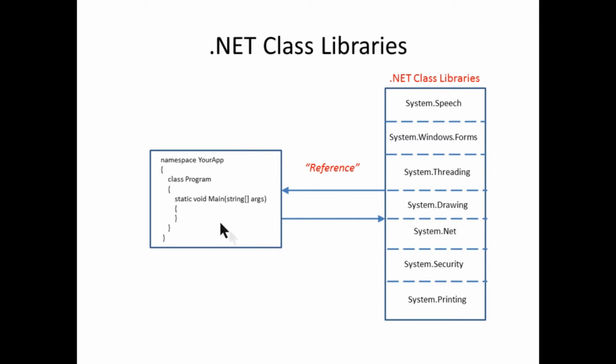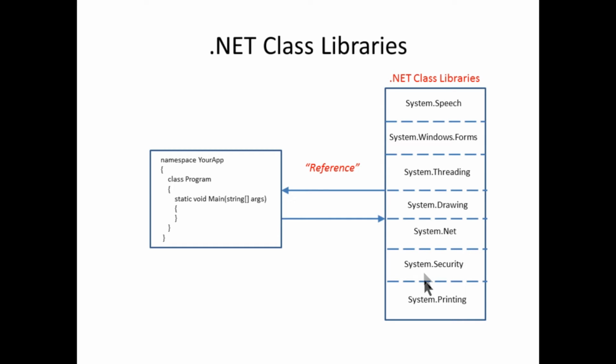So in the software world, on the right here, we have what's called the .NET class libraries, basically the Microsoft pre-built libraries that people have already written, the books of libraries of information that you can access.